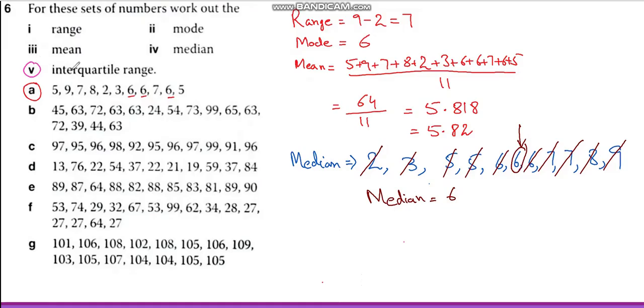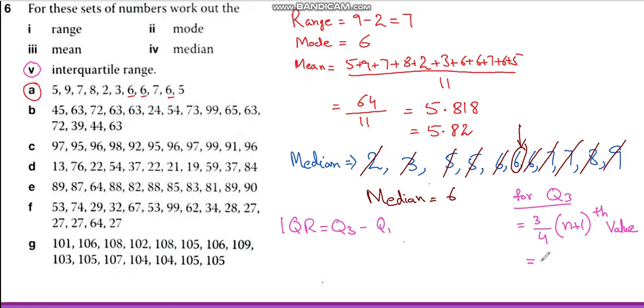Now we will find the interquartile range, IQR. For IQR, we will apply this formula, that is Q3 minus Q1. And for the position of Q3, we will use this formula. For Q3, we take the product of 3/4 and n plus 1 for the position of Q3.